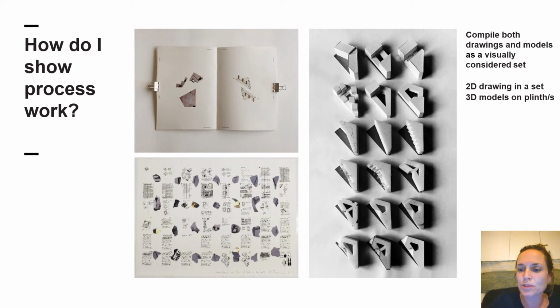When you think about models, it can be useful to build one plinth and then to put all of your process models onto that, or to build individual plinths like you can see in the example here. Again, the emphasis is that you compile and curate your process work. So you don't have to redo it, but you need to pull it together into one package.